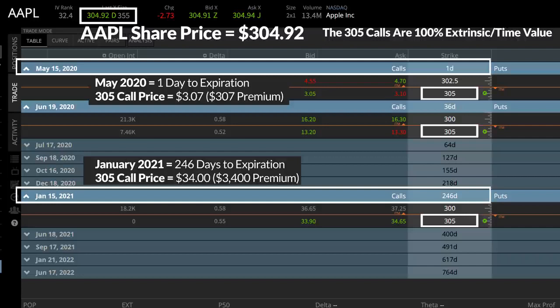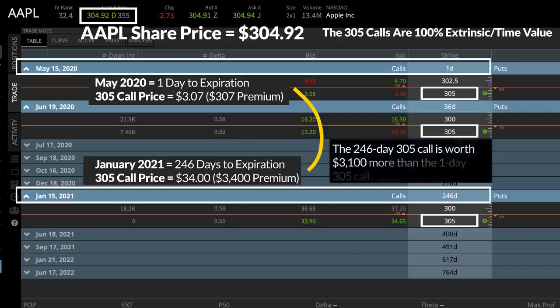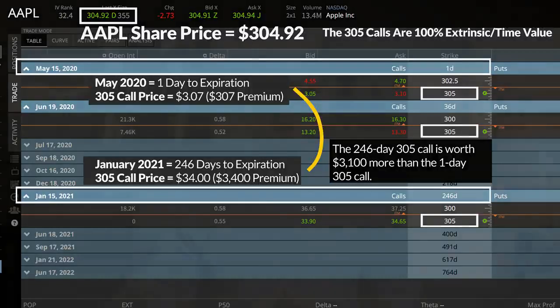So if we compare the one-day 305 call to the 246-day 305 call, we can see that the 246-day call is about 10 times more expensive than the one-day 305 call. And that's because with 245 more days until expiration, there is a greater potential value in the 305 call expiring in 246 days as compared to the 305 call expiring in one day.